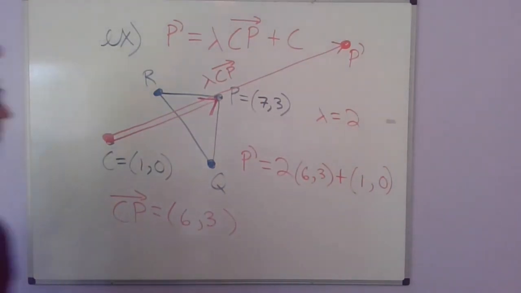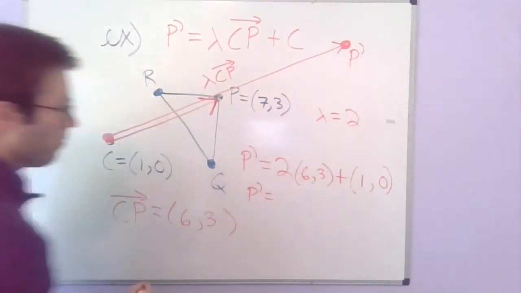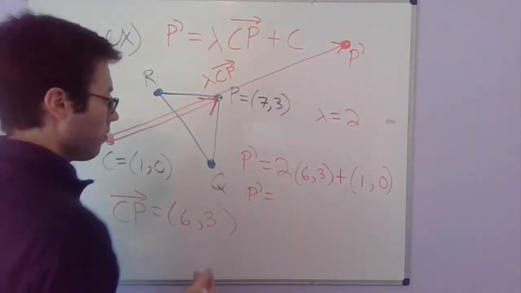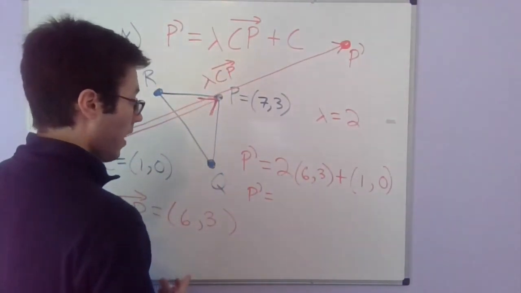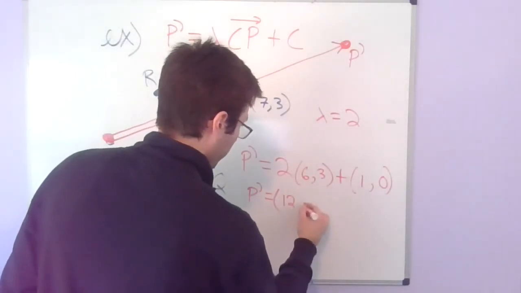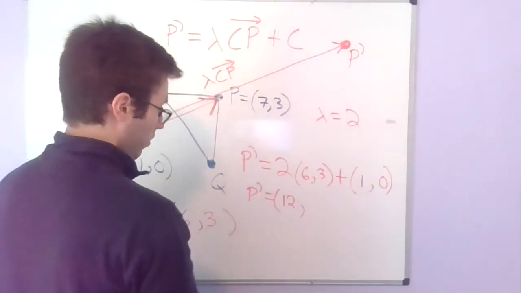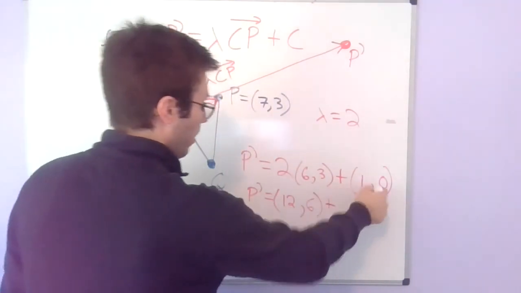So the point P prime would be equal to, you multiply first. It's order of operations, you multiply before you add. 2 times 6 is 12. 2 times 3 is 6. Plus 1, comma, 0.